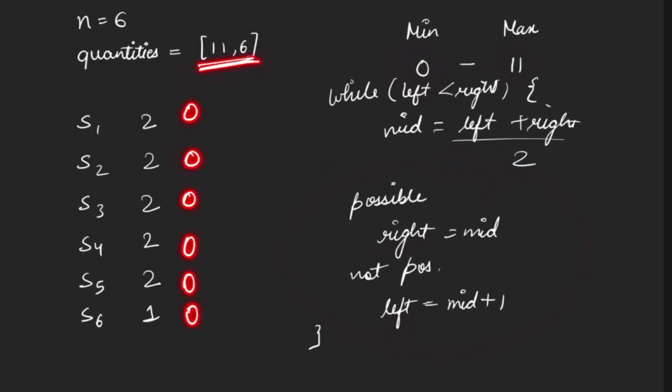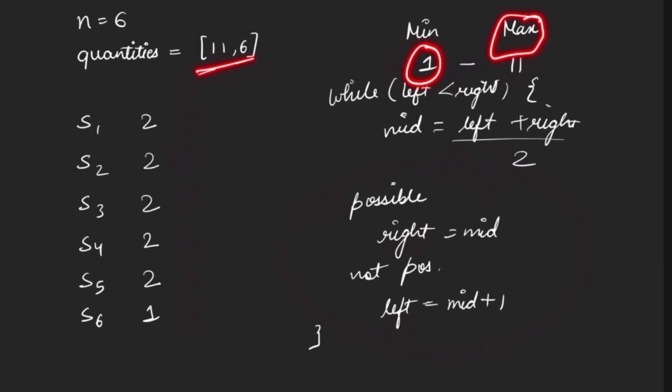We have to distribute these. So instead of 0, you can take the minimum as 1. Our range will then become 1 to the maximum quantity out of these quantities. This will be our left and right.